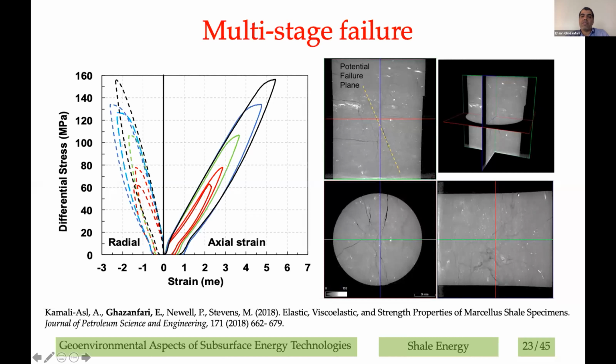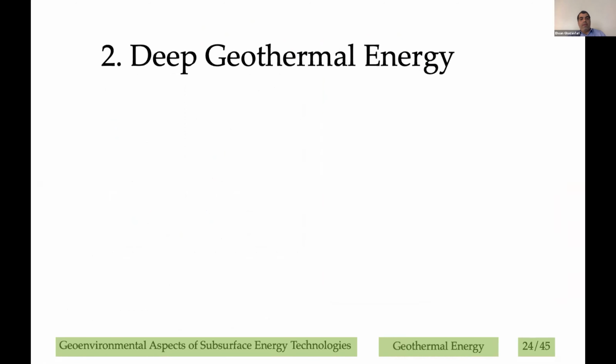On the right of your screen, you can see the CT images of these fractured specimens, the direction of the potential failure line, and how this brittle shale formation can respond to fracturing.